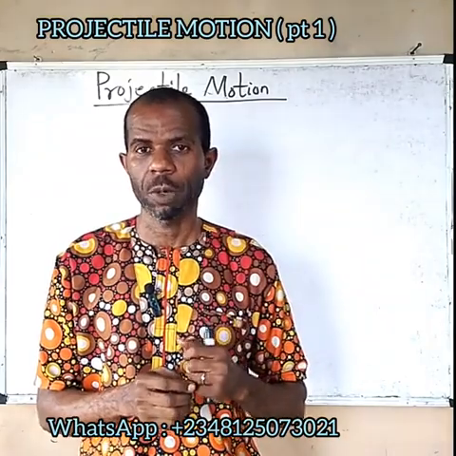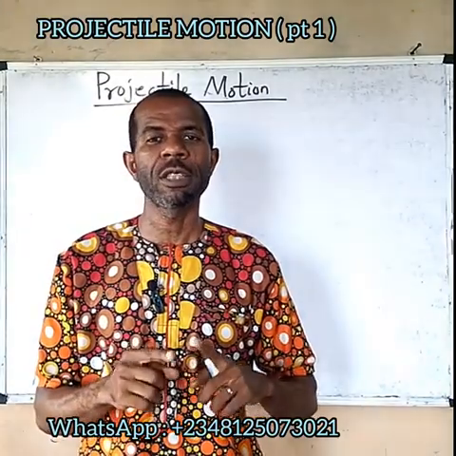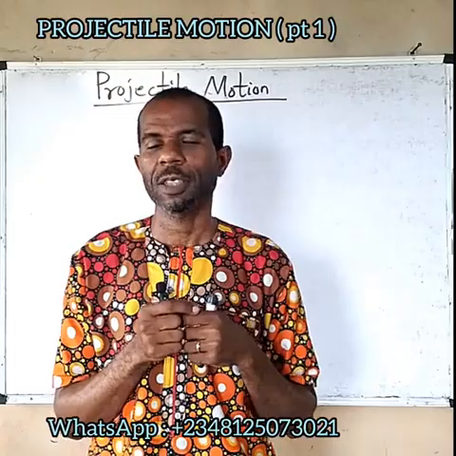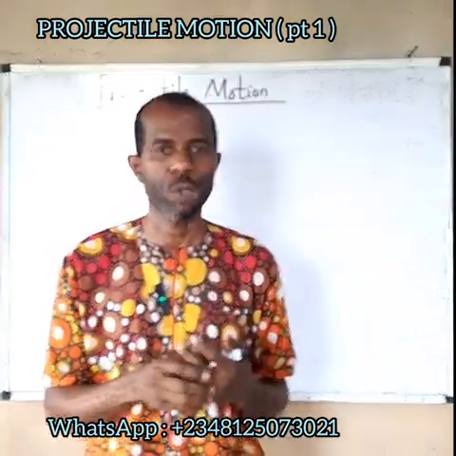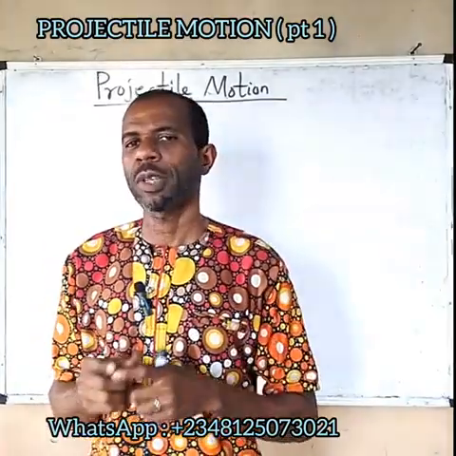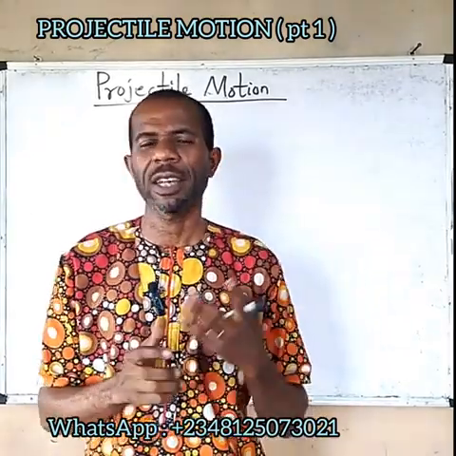That is only gravity. Now, it is a motion of an object along a curved path. That means a curvilinear motion of an object. That is projectile motion. For you to understand projectile motion, we are going to be looking at it under three headings.